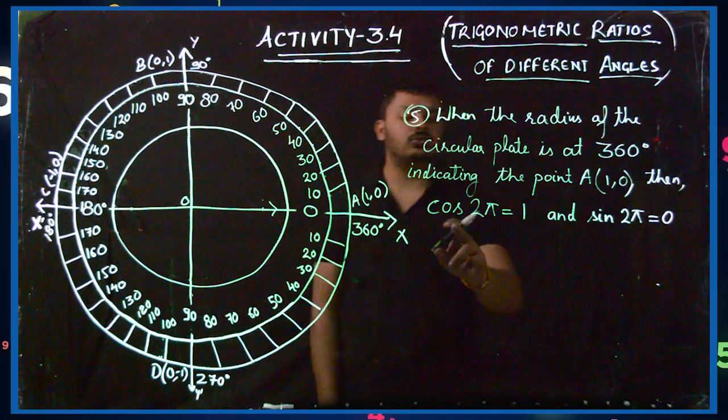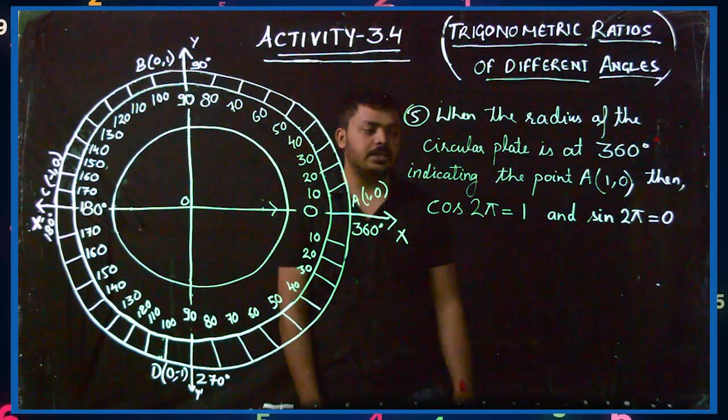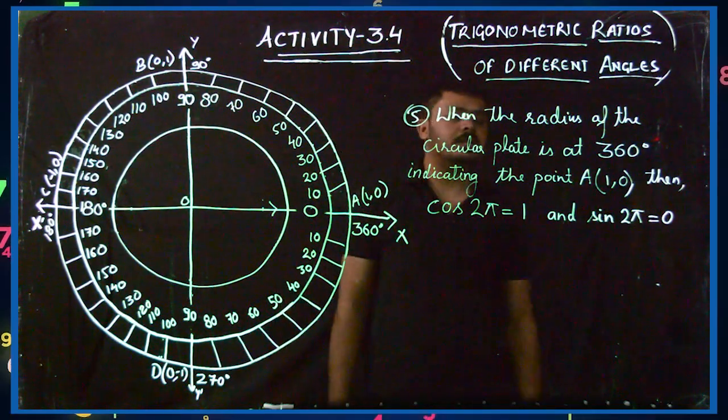So the value of cos 2 pi is 1 and sin 2 pi is 0 at 360 degree.